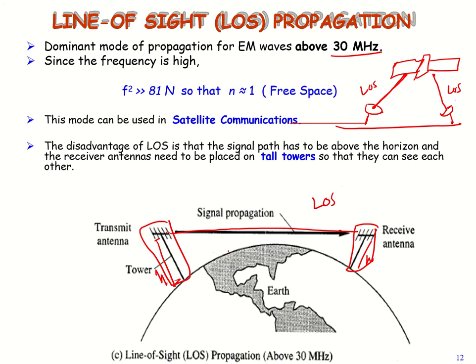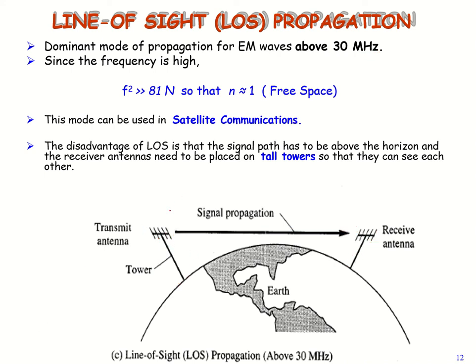And if you want to calculate, for example, if I install a tower here which has a height of h, how much area can be covered by this tower? If the distance between them is d, will this tower cover this region or not?